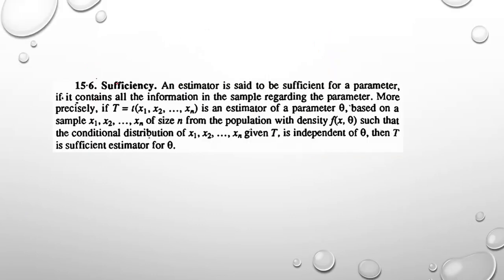Sufficiency: an estimator is said to be sufficient for a parameter if it contains all the information in the sample regarding the parameter. This point is clear.